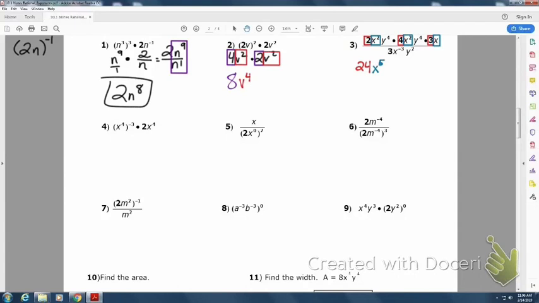After that, what is y to the 4th times y to the 4th? Y to the 8th. Over. And I'm just going to go ahead and write everything down there. Nice and color coded. Probably because I wrote it wrong.